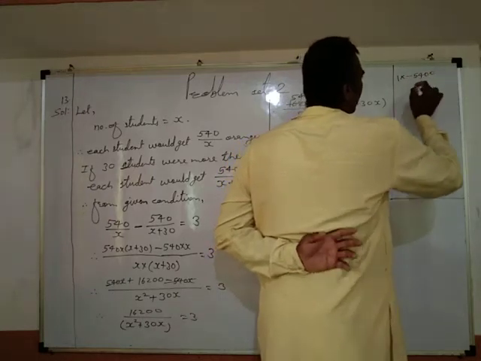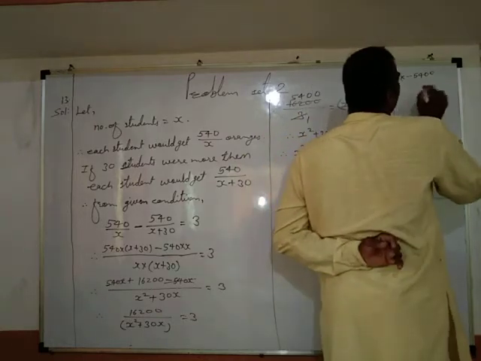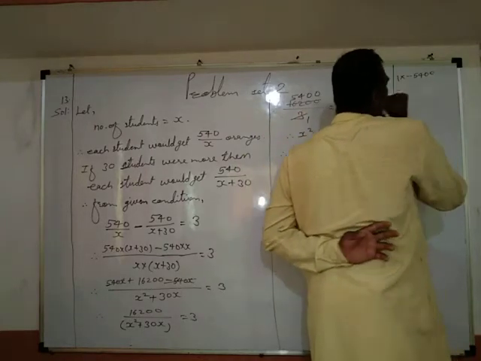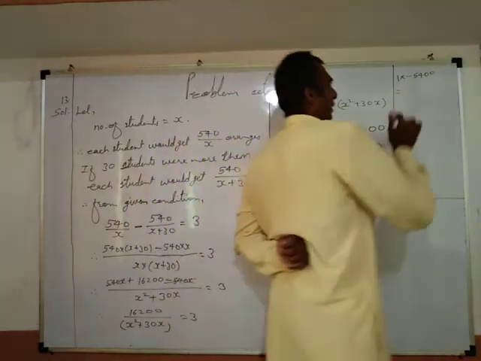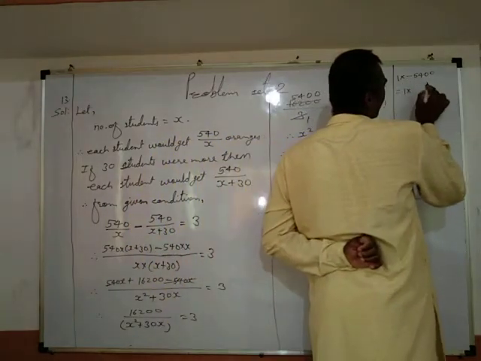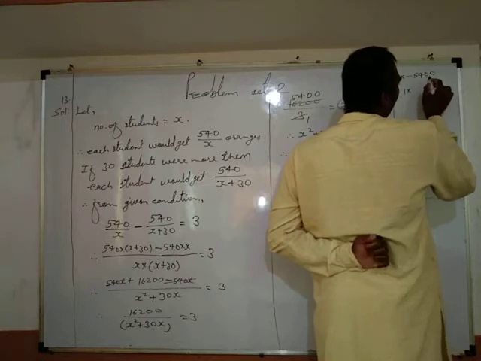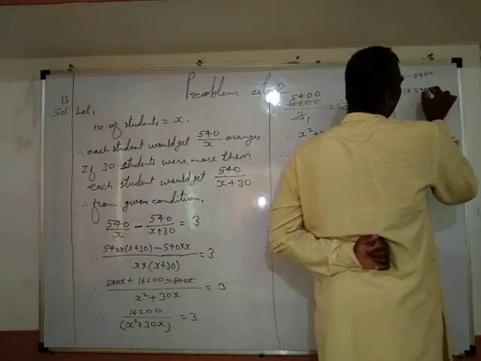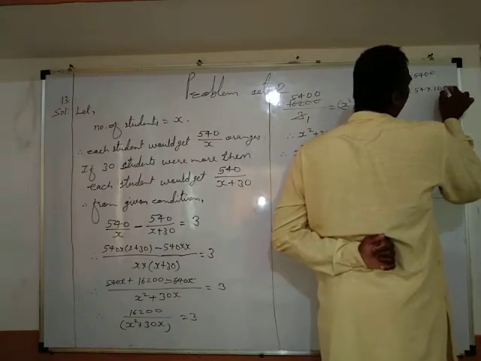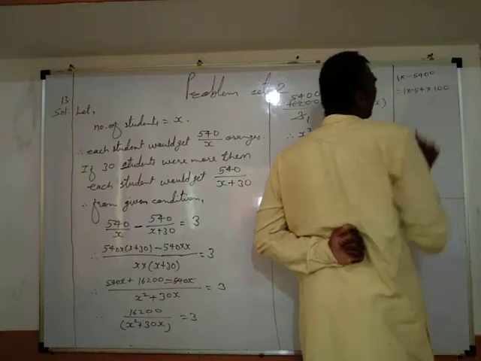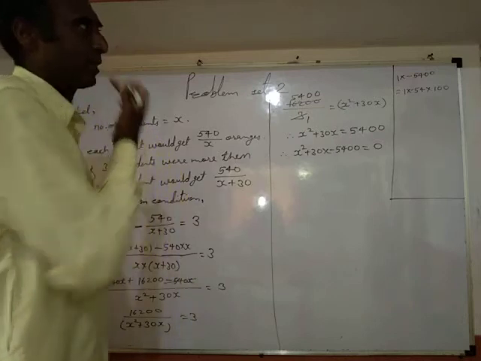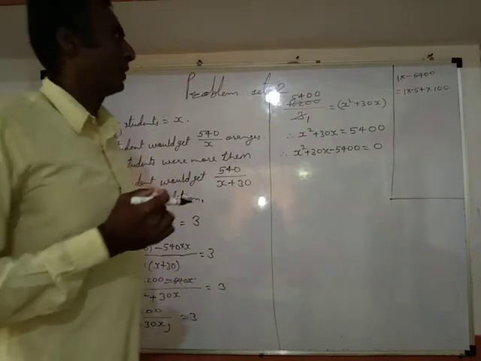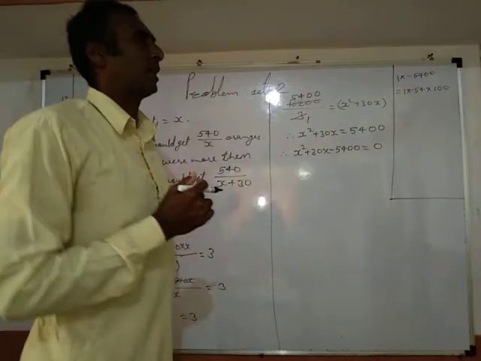Let's try to factorize them and group them in such a way that their addition will be plus 30. We may write 5400 as 54 into 100. One of the factors will be minus, but here 100 and minus 54 have a difference of 46. We want a difference of 30.